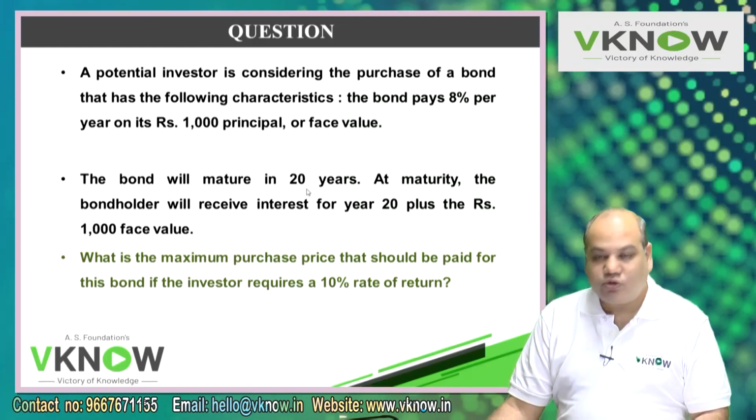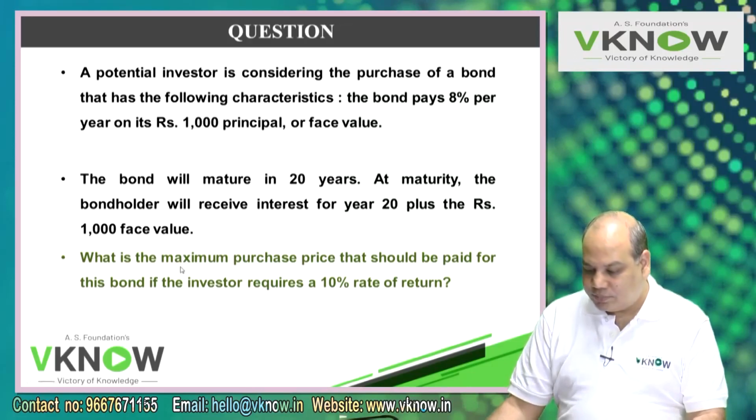The bond will mature in 20 years. So for 20 years, you will get 80 rupees per annum. At maturity, the bondholder will receive interest for the year 20 plus ₹1,000 face value. In the last year, the investor gets the interest plus redemption value.